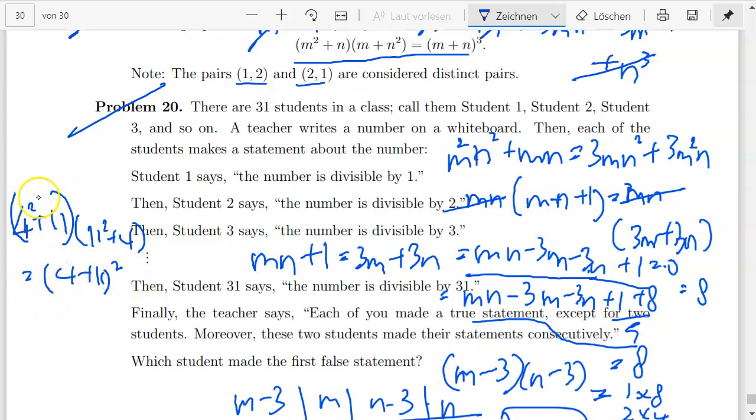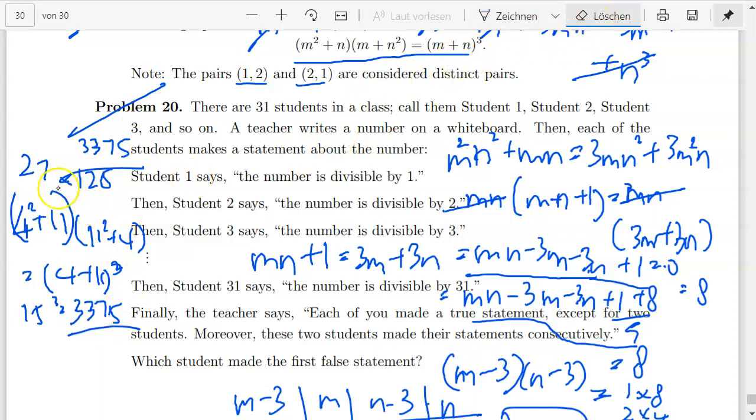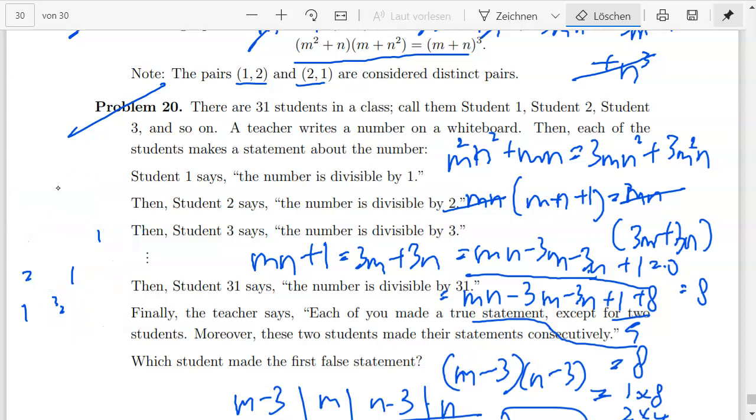Is it true? So we have 16 plus 11 is 27 times 125 is equal to 3375, and then this one is 15 cubed. 15 cubed is also 3375. So this is true. Okay, so 4, 11 and 11, 4 are definitely true. So we have already 2 pairs over here.